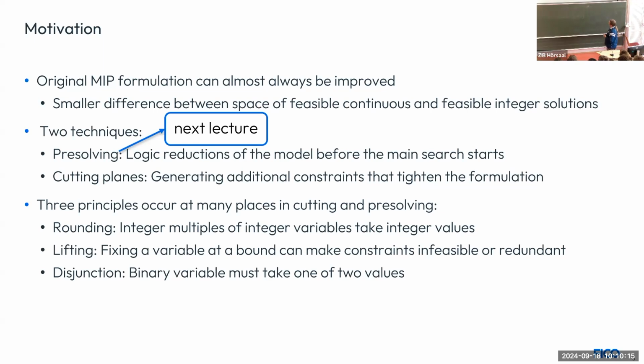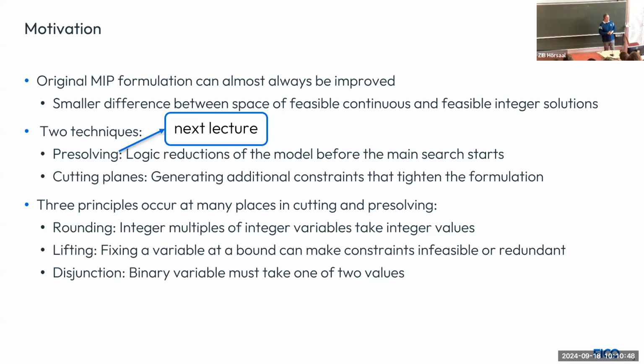And there are three principles that occur at many places, both in cutting and in presolving. Three main ideas, so to say, that you see over and over again. Rounding: exploit the fact that integer multiples of integer variables take integer values. If you see a statement about integer variables with integer coefficients and something says this could be fractional in the end, there's a potential for strengthening this.